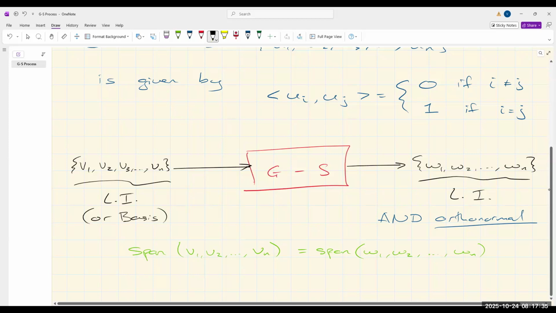You get an orthonormal basis for the same thing, which is very important, because what if it gave you an orthonormal set, but it's an orthonormal set for a completely different subspace or completely different vector space? Okay, so that's what this condition about the span is really saying, that you get a basis for exactly the same space. It spans the same subspace.